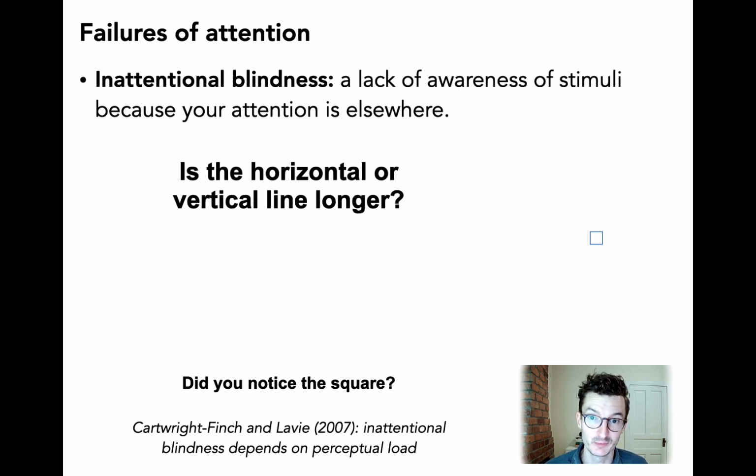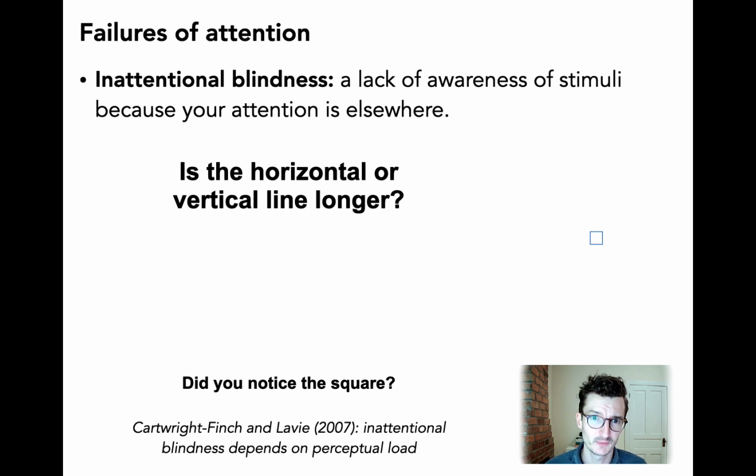You're more likely to be blind to things that are going on around you, right? So think about that situation where you're engrossed in a final exam and somebody gets up to go to the bathroom, slips on a banana peel, falls, and nobody notices because they're so engrossed in what they're doing. That is an example of inattentional blindness.